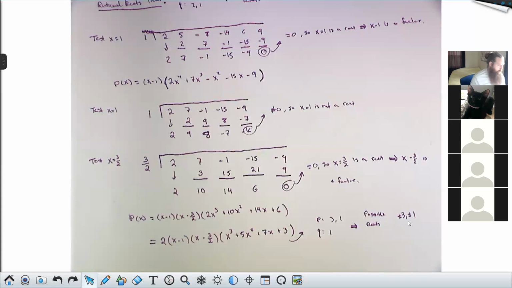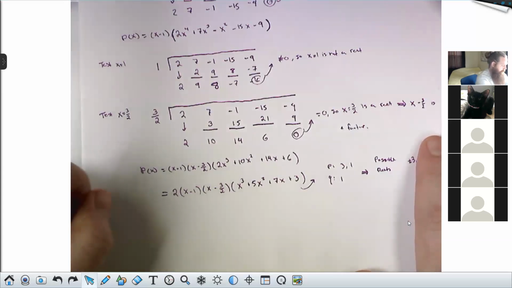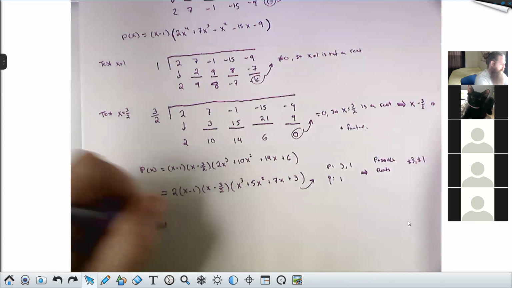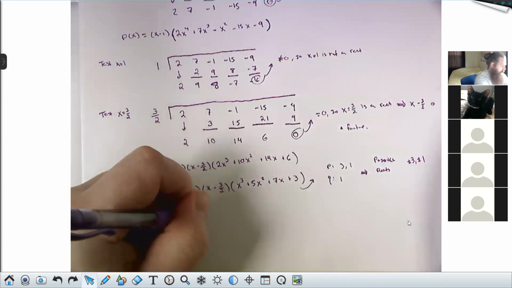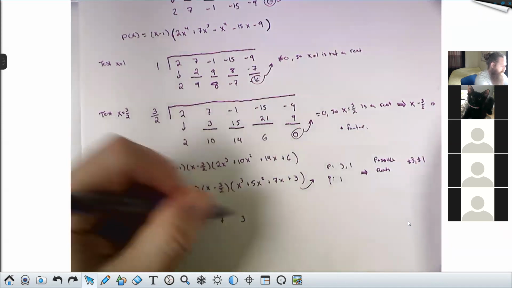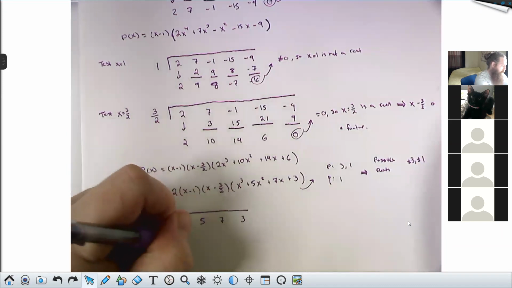Let's try negative 1. So I would write negative 1, and then the coefficients of this guy, which are 1, 5, 7, and 3. Bring this down.